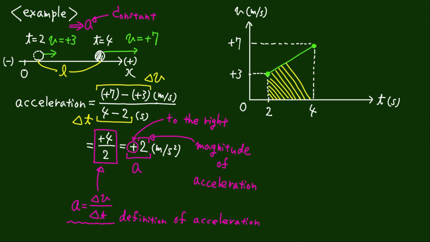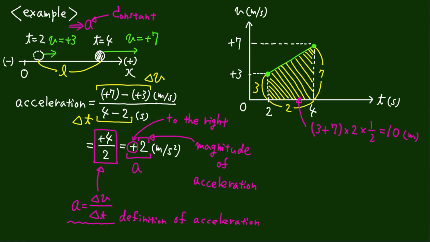So this width is 4 minus 2, which is 2, and this height is 3. And since this height becomes 7, we can immediately calculate the area of this trapezoidal part. It becomes 10. In this uniformly accelerated linear motion, we can calculate that the distance traveled was 10 meters in this way. Is that clear?